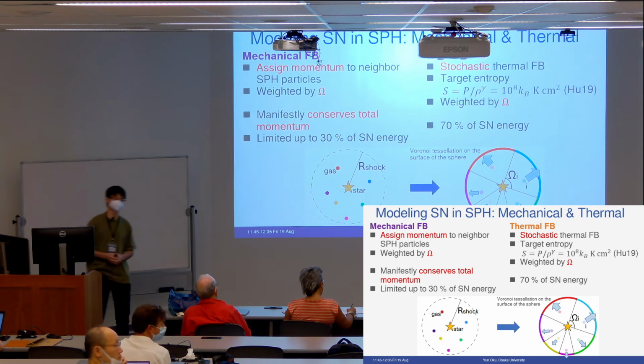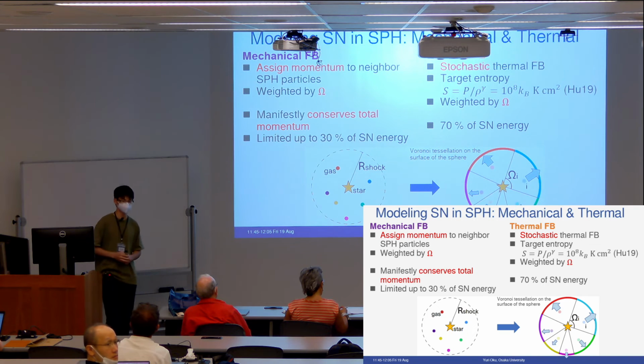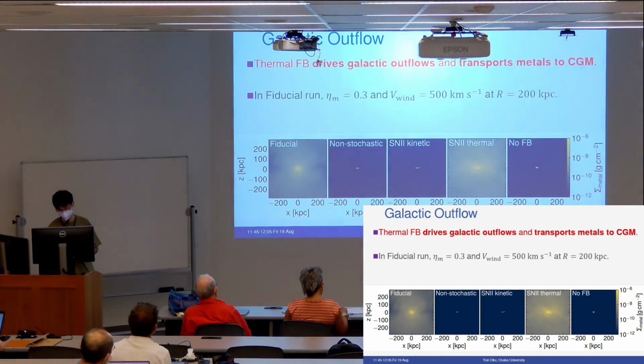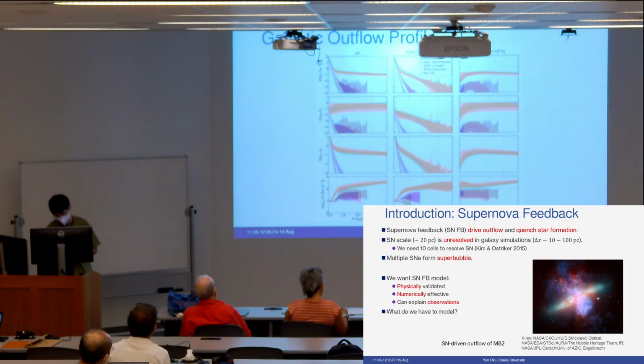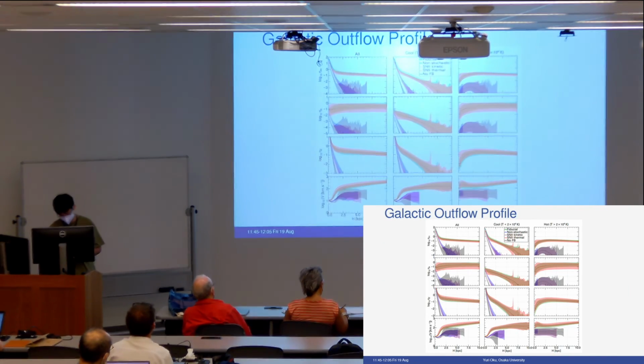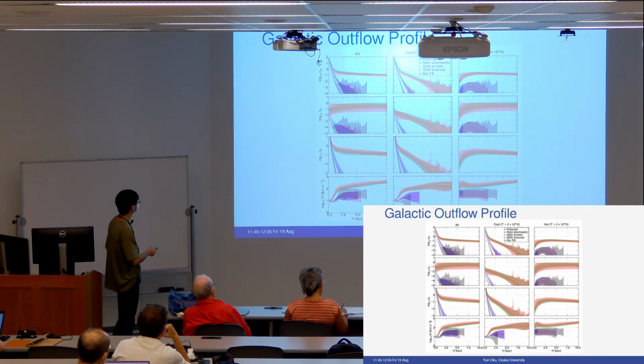Did you also measure the energy and momentum loading factors of your winds in the galaxy simulation? Yes, we measured. This is the mass loading factor, energy loading factor, metal loading factor, and outflow velocity.